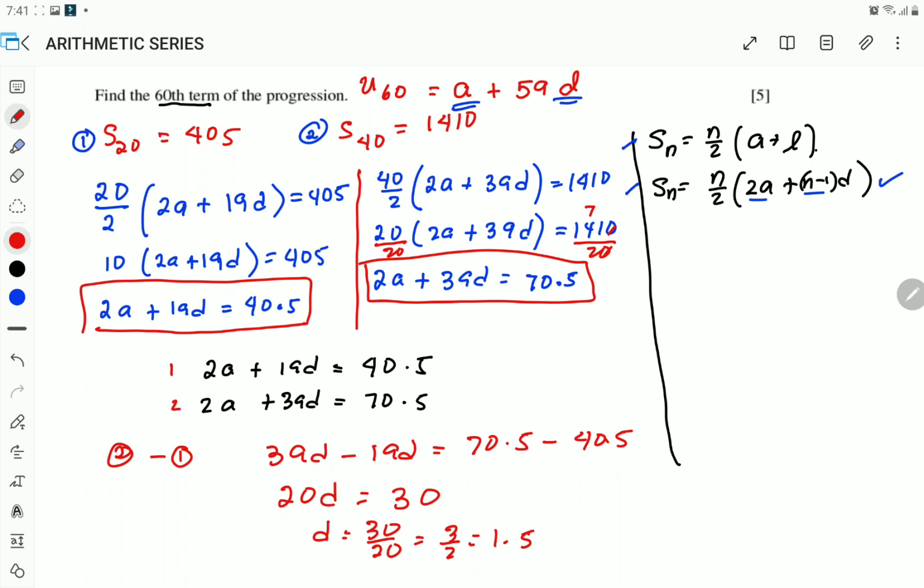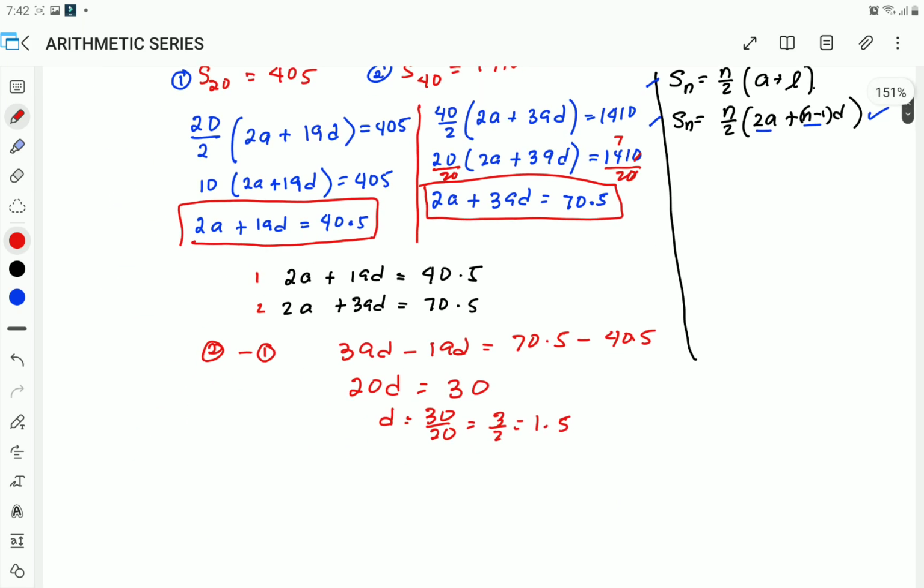Now we need to find the a. How shall we find the a? We need to use either equation 1 or equation number 2. So we need to plug in, I think you can do it now by yourself. What you're going to do is simply 2a plus 19 times 1.5 is equal to 40.5.